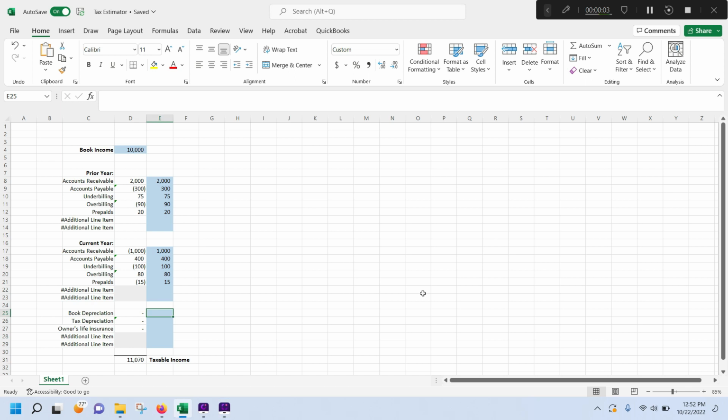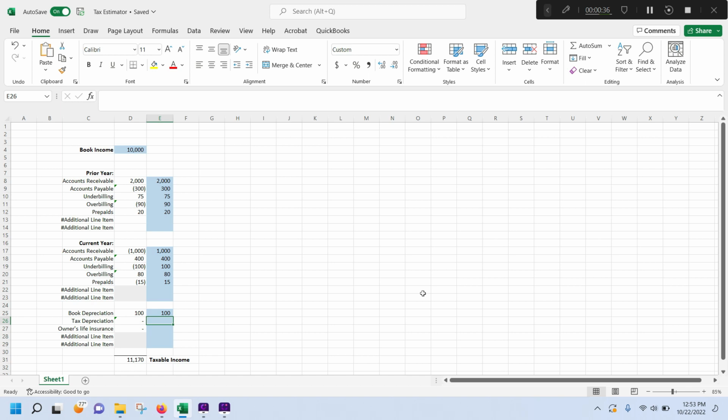Now let's move to depreciation. On a GAAP basis, it's typically straight line. Let's assume the depreciation for the current year is $100. Tax depreciation on an accelerated method, MACRS, or whatever your tax accountant has calculated, that may be including bonus depreciation, is typically higher than your book depreciation.